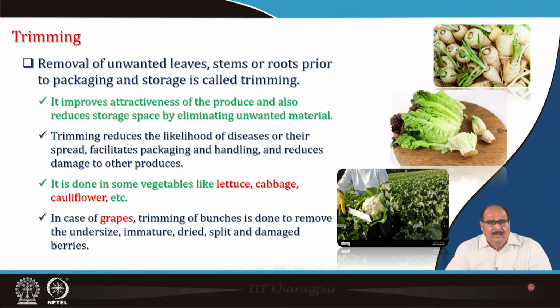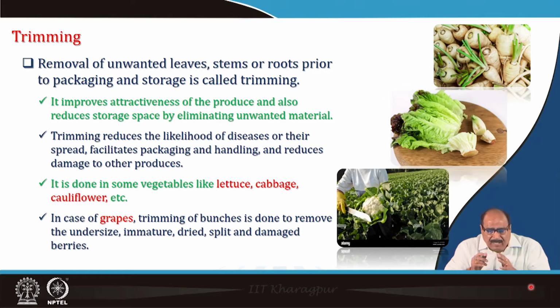Trimming is the removal of the unwanted leaves, stems or roots prior to packaging and storage. It improves the attractiveness of the produce and also reduces storage space by eliminating the unwanted materials.